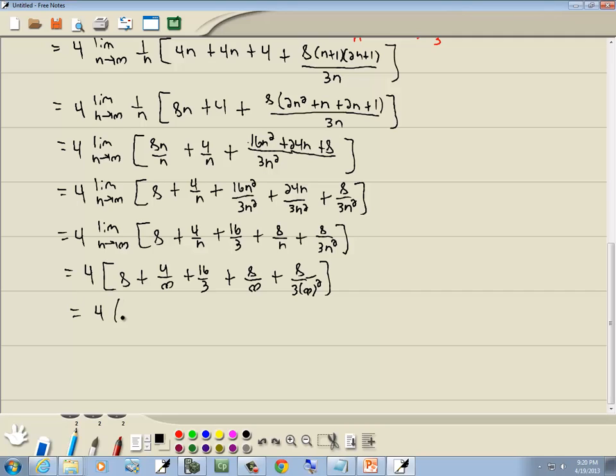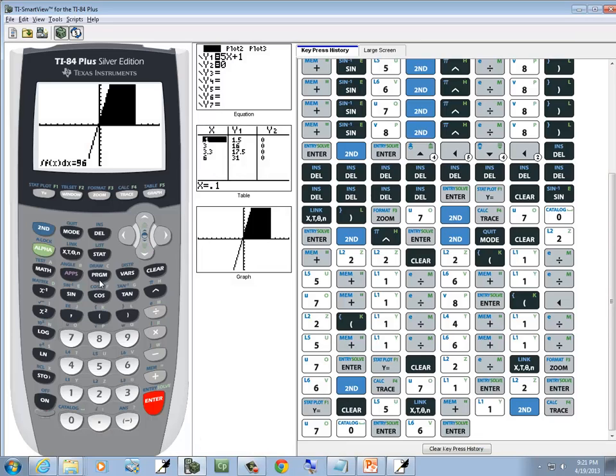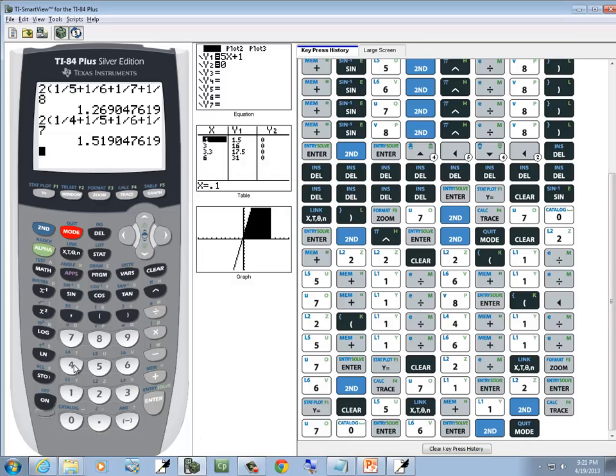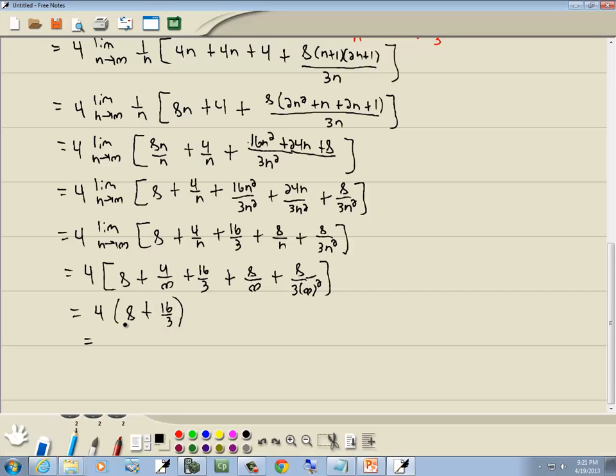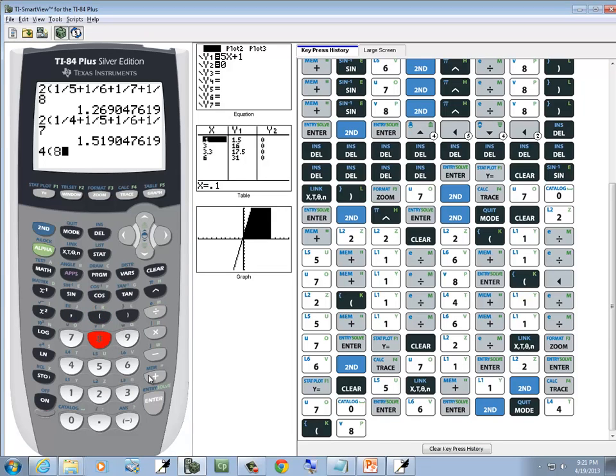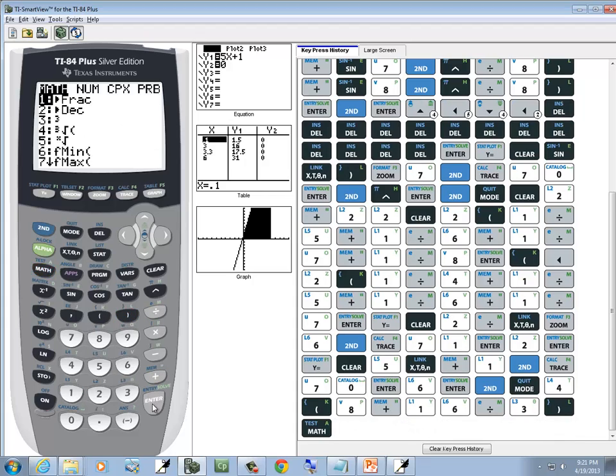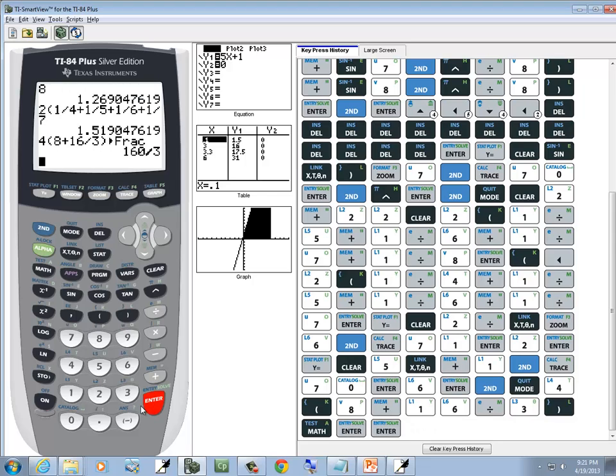So we have 4 times 8 plus 16 thirds. Okay, so 4, and beginning parentheses, 8 plus 16 divided by 3, close parentheses. And we've got 160 over 3.